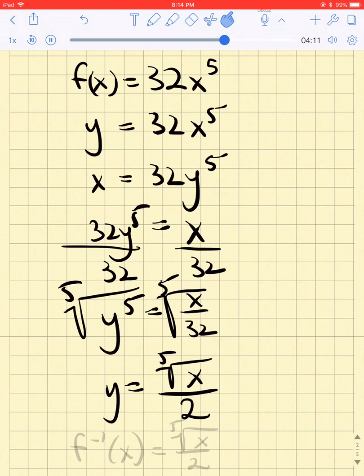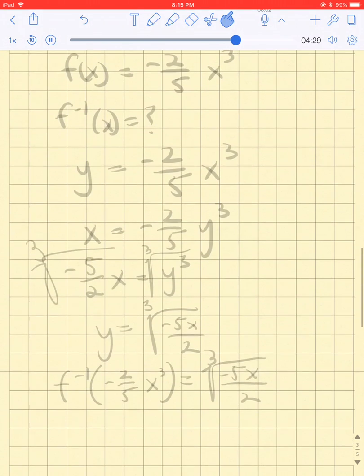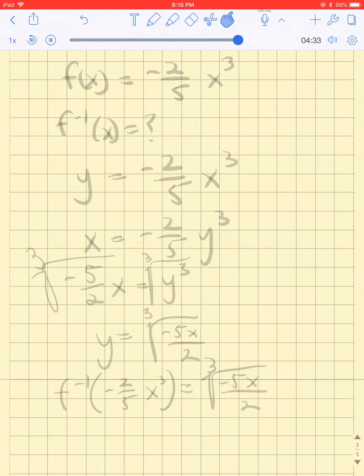So this is the answer. This is f inverse of x. You could say it's equal to the 5th root of x over 2.